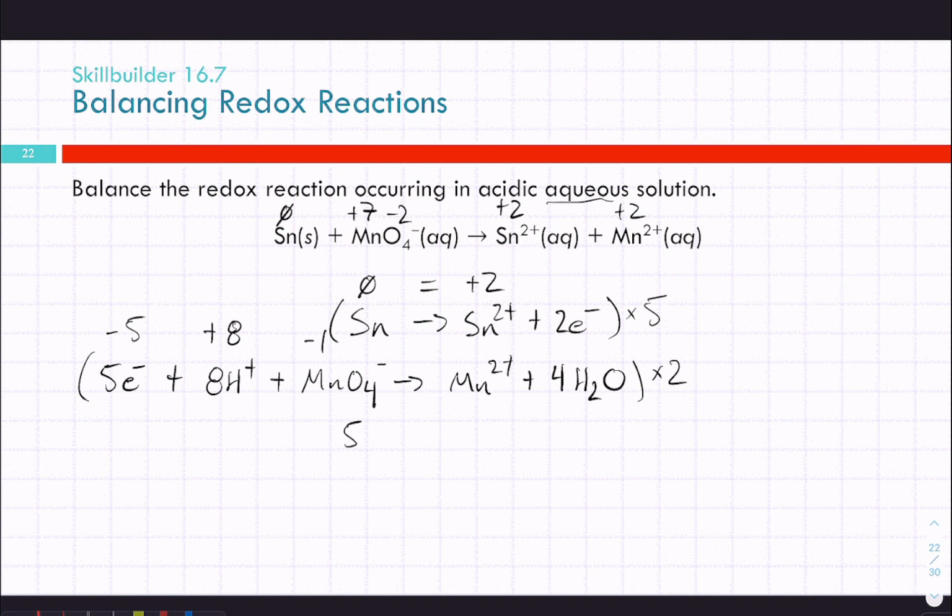So 5, 10: 5 Sn goes to 5 Sn 2 plus plus 10 electrons. And this one's multiplied by 2, so we're going to get 10 electrons, 16 hydrogens.